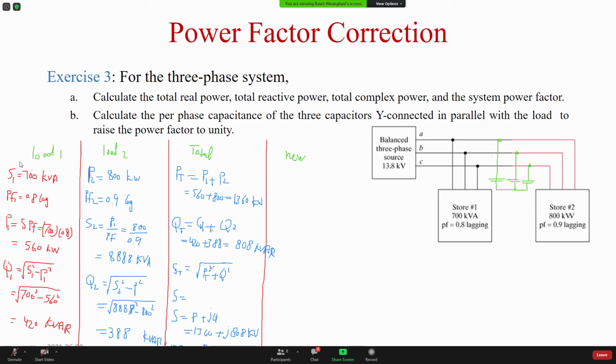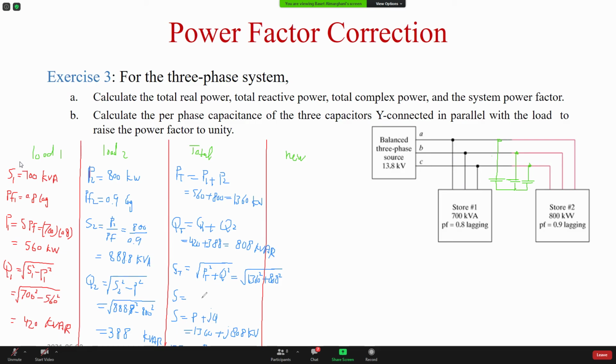Anyone that can give me the answer for here? 1360 squared plus 808 squared under square root.